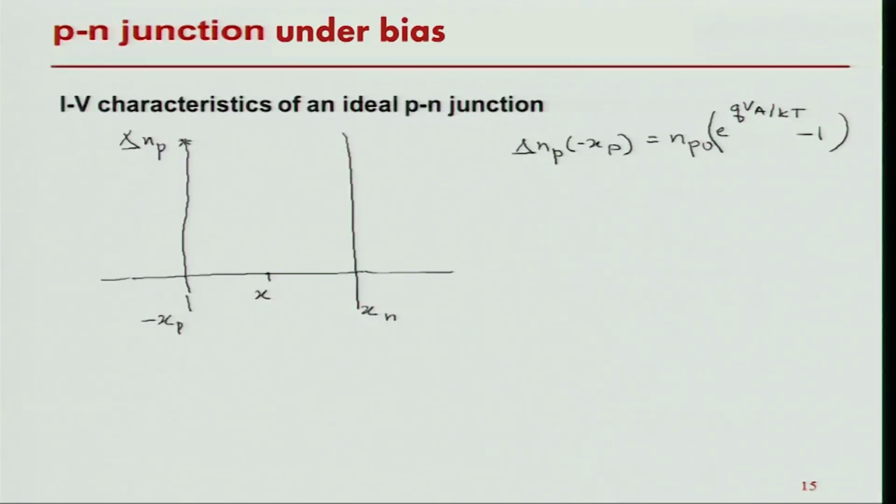This would be the excess concentration here. Similarly, I can do the same derivation for the hole concentration on the n side at point x n, and that will be given by the equilibrium concentration at the n side times the same factor.